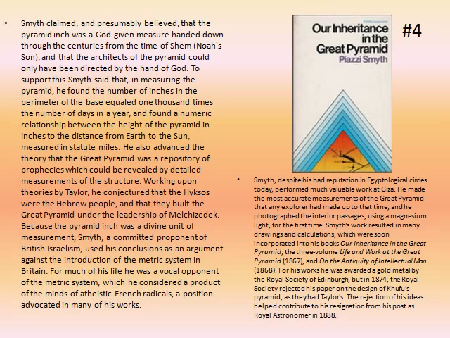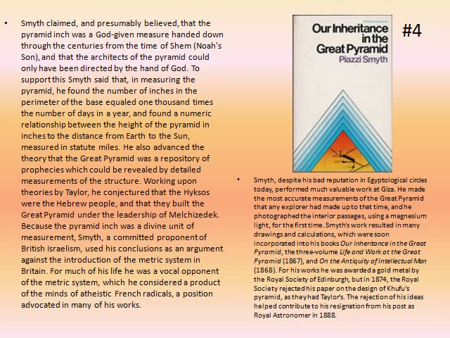Because the pyramid inch was a divine unit of measurement, Smythe, a committed proponent of British Israelism, used his conclusions as an argument against the introduction of the metric system in Britain. For much of his life, he was a vocal opponent of the metric system, which he considered a product of the minds of atheistic French radicals, a position advocated in many of his works.